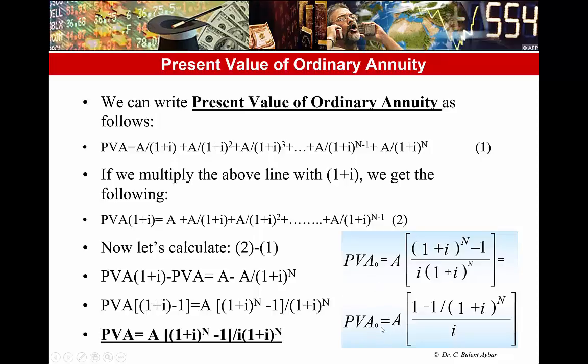An alternative representation is this one. If we cancel out this first term and the denominator in here, only I survives in here, and this turns into 1. In contrast, this term turns into 1 over 1 plus I to the power n. So both would work. You should remember one of these as a backup in case your financial calculator does not work or you do not have access to Excel.